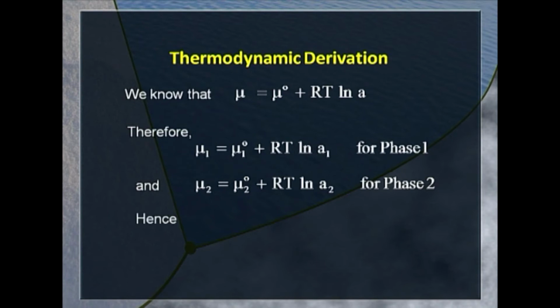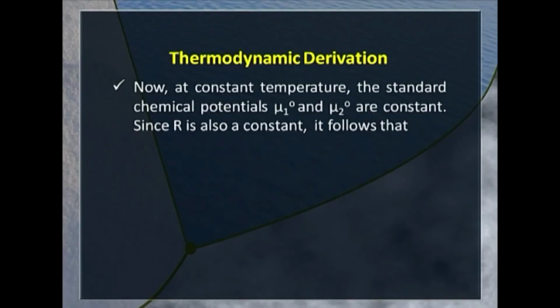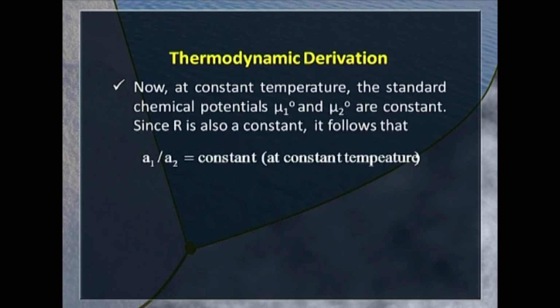Since the two are in equilibrium, we can equate mu1 naught plus RT ln A1 equal to mu2 naught plus RT ln A2. In other words, RT ln A1 by A2 is equal to mu2 naught minus mu1 naught. Now at constant temperature, the standard chemical potentials mu1 naught and mu2 naught are constant. Since R is also a constant, it follows that A1 by A2 is also a constant. Always we have to consider constant temperature.